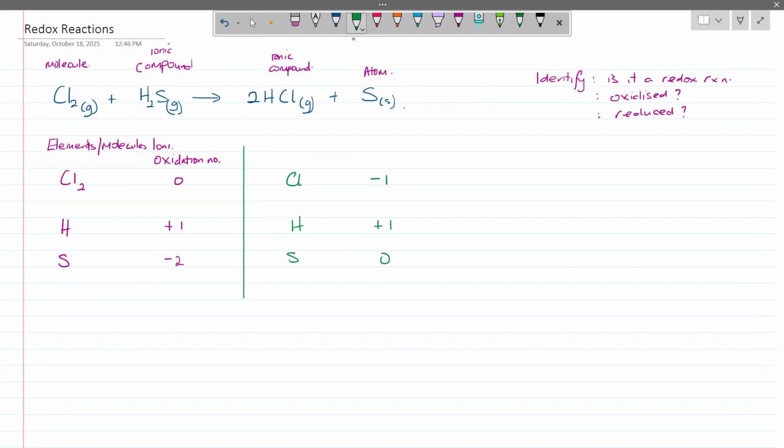What will cause it to go to -1? Would that change in oxidation number be a result of a gain in electrons or a loss in electrons? What we need to relate this to is what happens when we gain electrons. If we gain electrons, there are more electrons than protons.